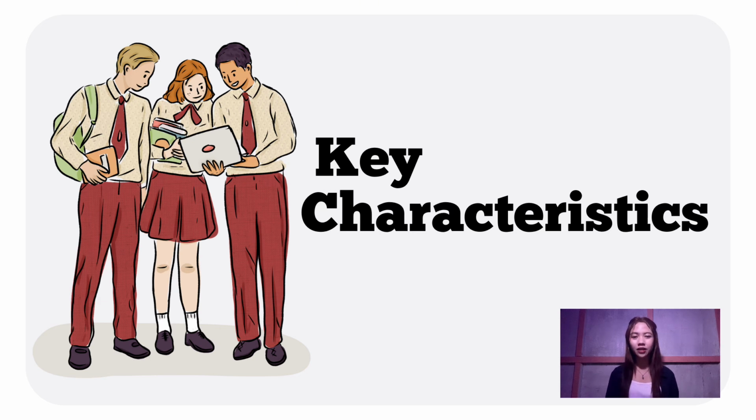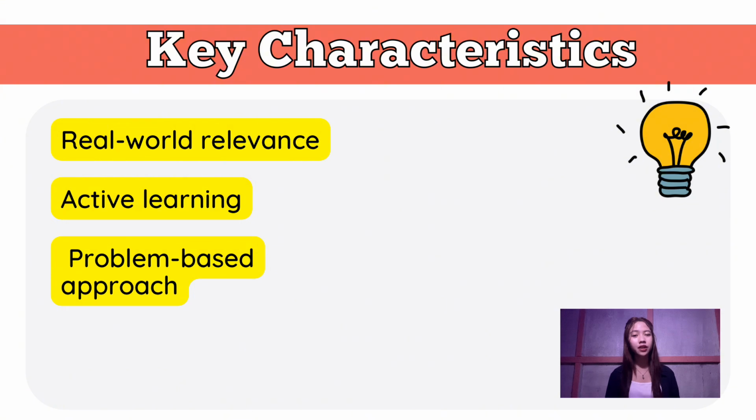What are the key characteristics of context-based learning? Context-based learning connects academic concepts to real-life situations, making learning more meaningful and engaging. It emphasizes real-world relevance, active learning, and a problem-based approach to develop critical thinking skills. CBL is learner-centered.